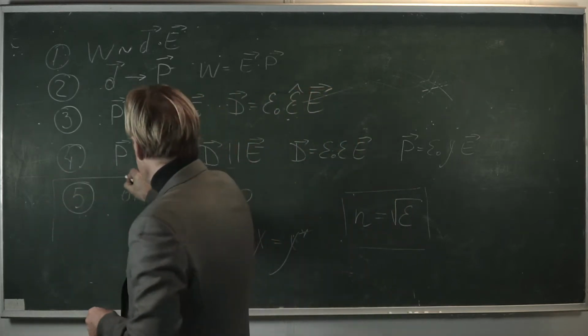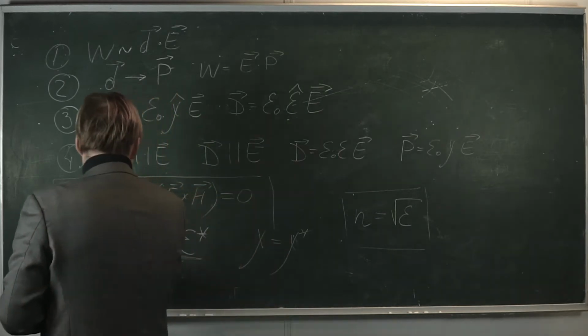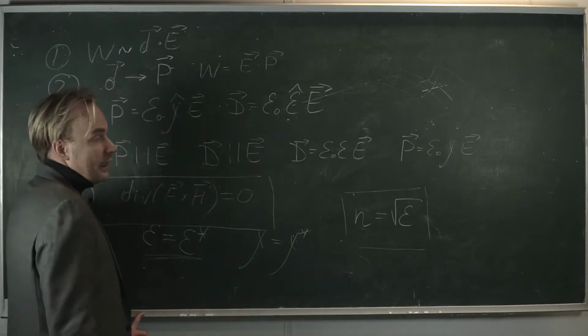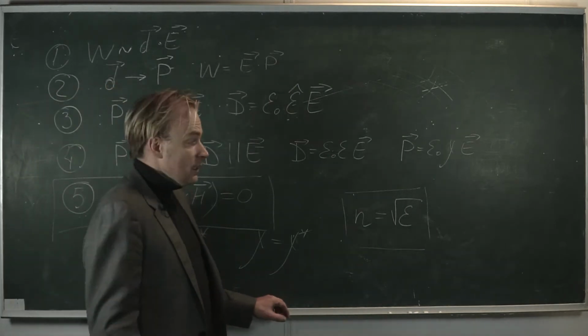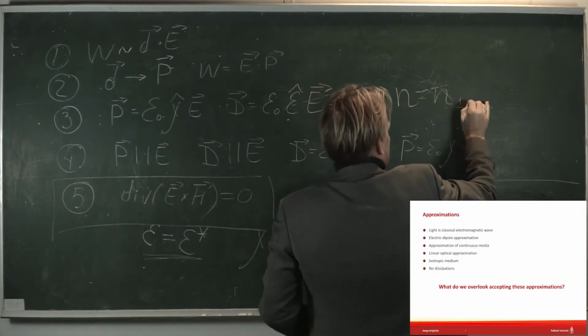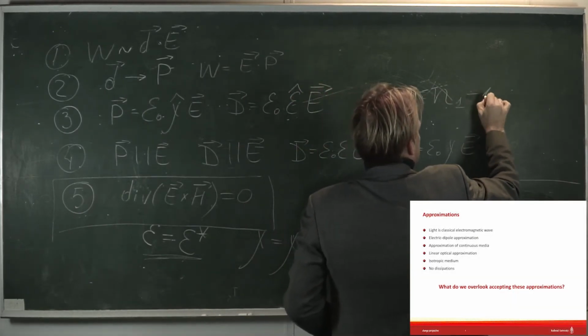Now I will focus on the physics which we overlook by accepting no dissipations. Well, already at the last lecture I showed that when you switch dissipations on, the refraction coefficient becomes a complex number. It acquires an imaginary part.